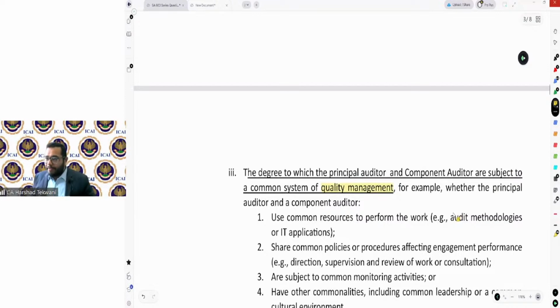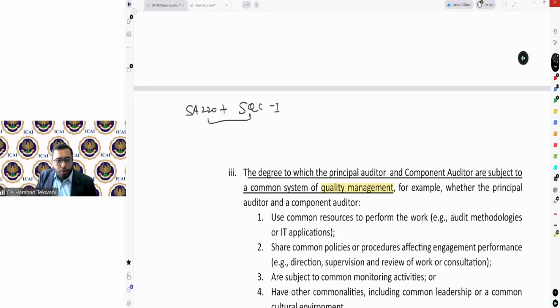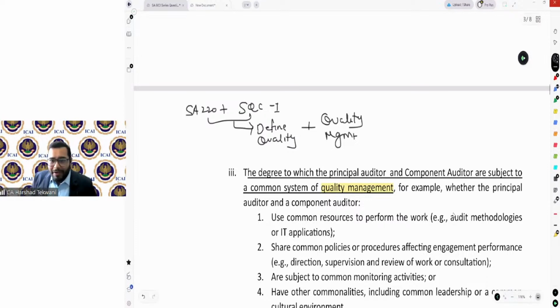If there is an auditor outside India, in India, for chartered accountants, we have SA 220 plus SQC 1 to define the quality management. If I want to rely upon the work performed by other auditors, I need to have the same quality from the work performed by them.